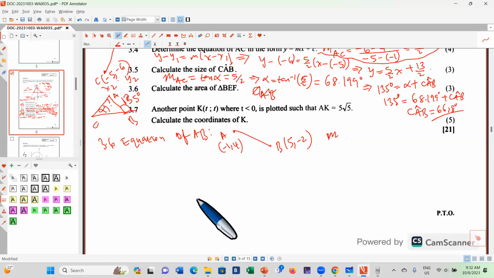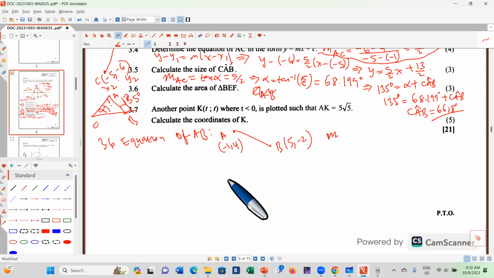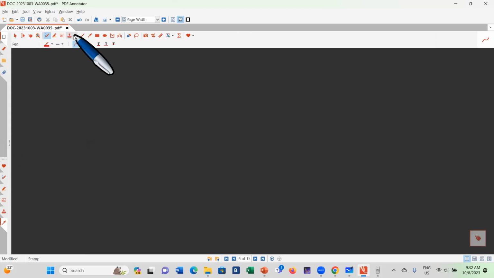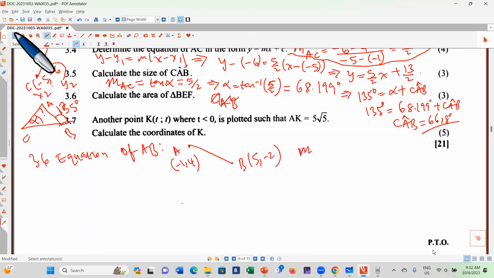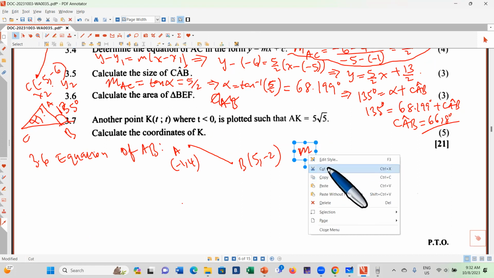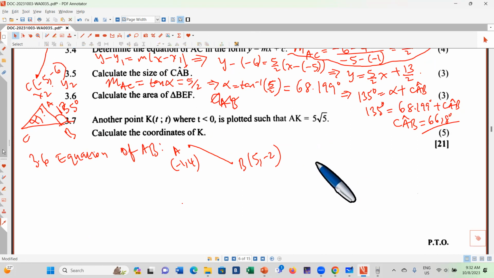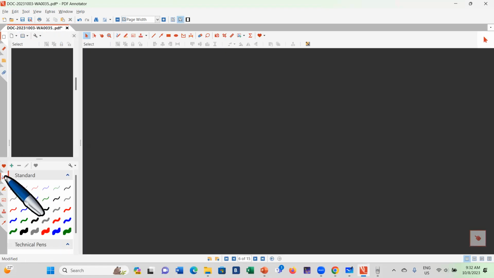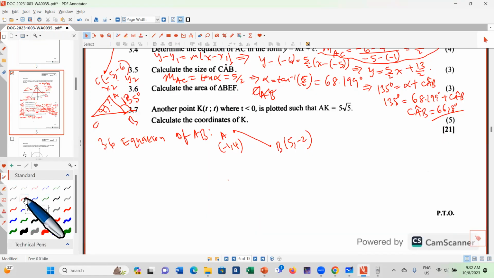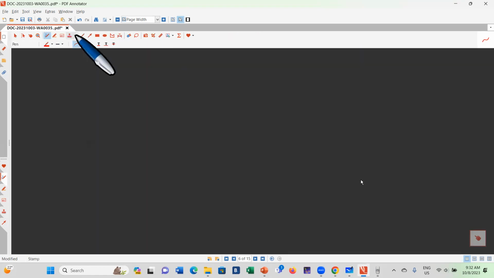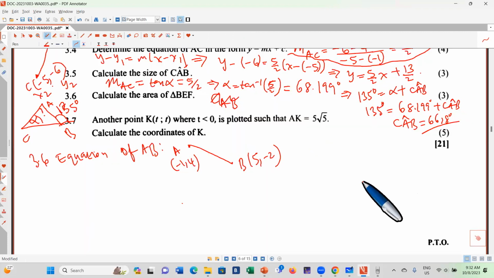So what do we then do here? We just get what is required here, so I can just remove this. Now we can find clearly the required equation of the line.